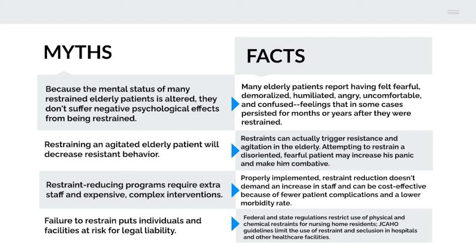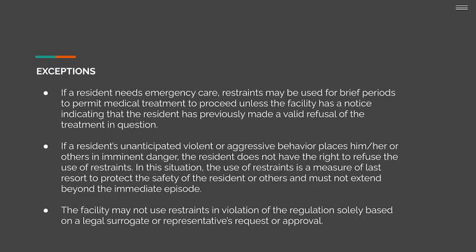Something else that people may believe is that the failure to restrain puts individuals and facilities at risk for legal liability. But the truth is that federal and state regulations restrict use of physical and chemical restraints for nursing home residents. The Joint Commission guidelines limit the use of restraint and seclusion to hospitals and other healthcare facilities. As usual, there are exceptions to these rules.